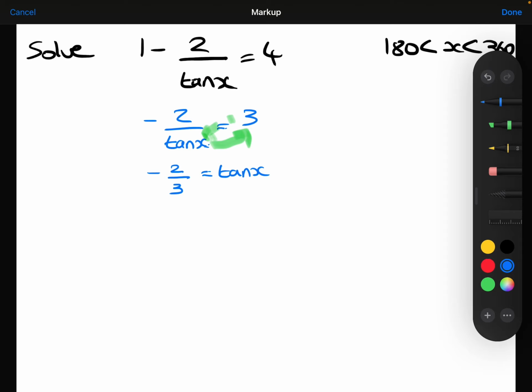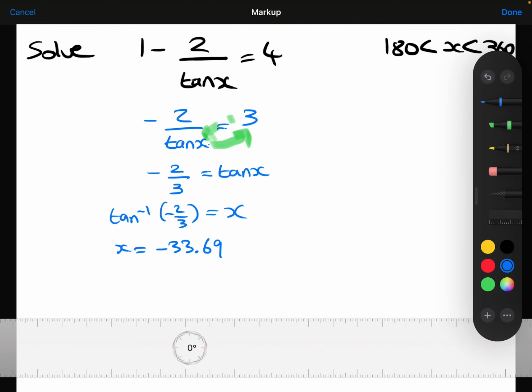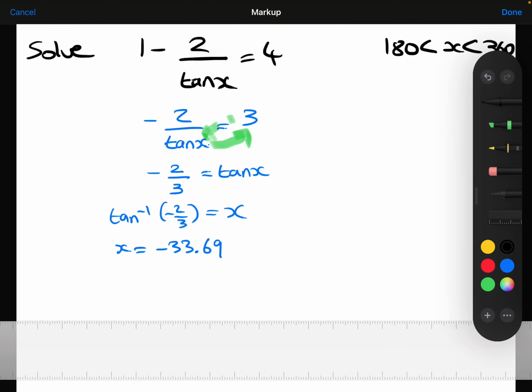Now I'll do tan inverse on both sides. So tan inverse of minus 2/3, I get minus 33.69. Now I'm going to draw my tan graph.